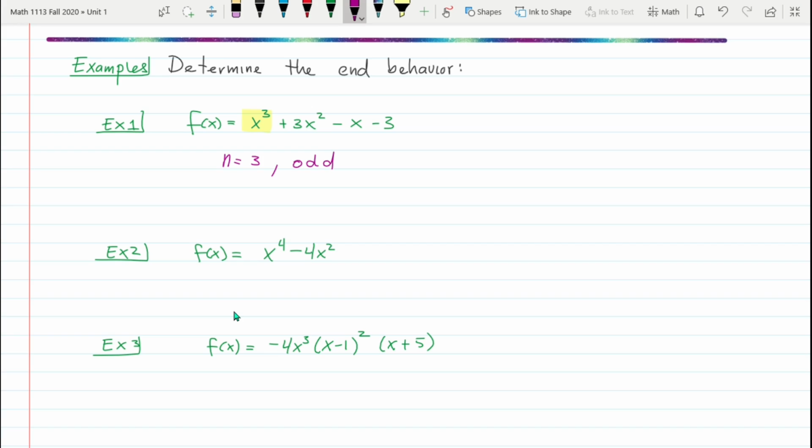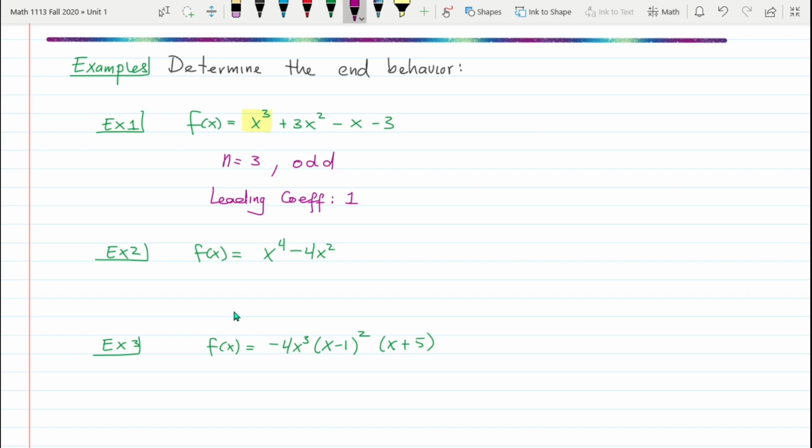Now what is the number in front of x to the third power? What is the leading coefficient? It is 1. There's a 1 in front. We don't write it because we don't need to, but the value doesn't matter. We're looking at whether it's positive or negative.